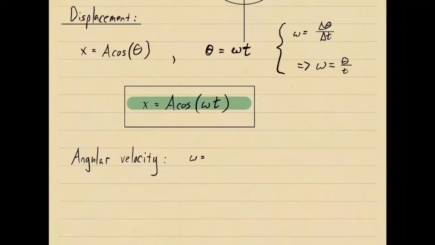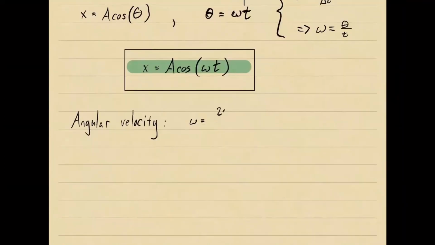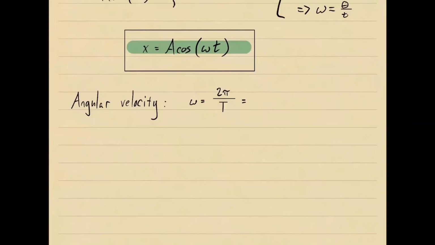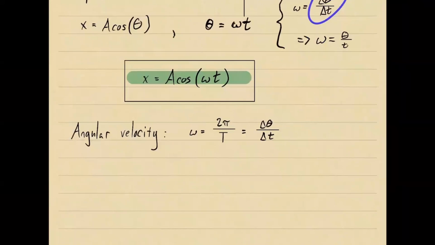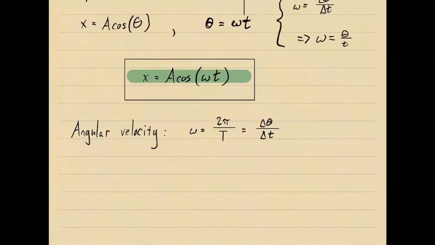In order to go around a circle once, we're going through an angular displacement of 2 pi radians, divided by the time it takes to go around once, or a period T. I'm literally just putting in the definition that I mentioned, where again T, capital T, is the period of our motion.